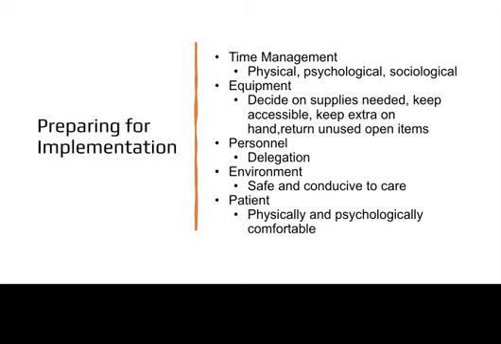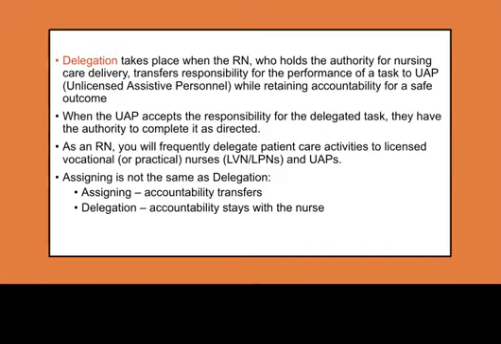So make sure the environment is safe. Patient. Prepare the patient physically and psychologically. Make sure the patients are prepared. Relieve any physical symptoms and provide emotional support if they have psychological concerns.